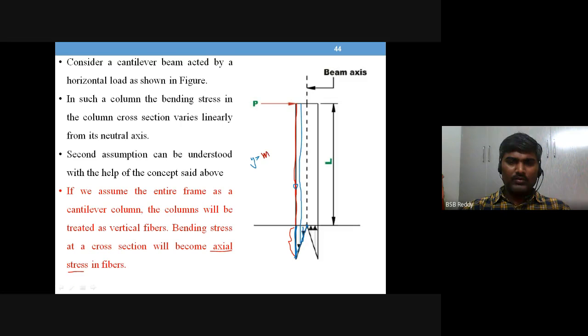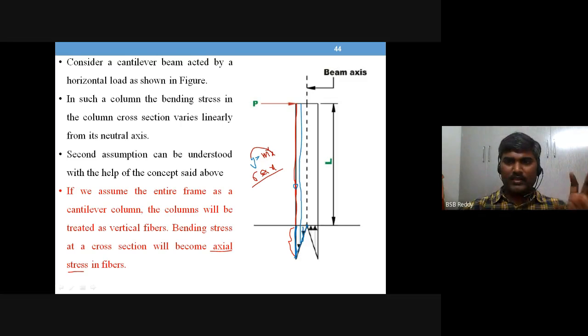So y is proportional to x. So the stress is proportional to the distance. So sigma, the stress, is proportional to x. This is how that concept is being taken.